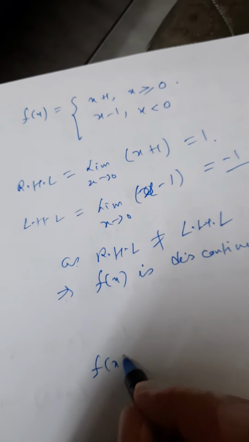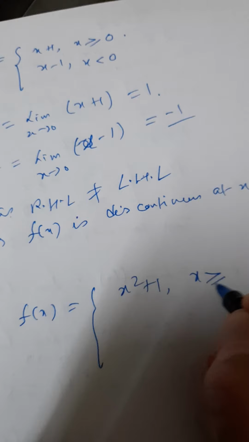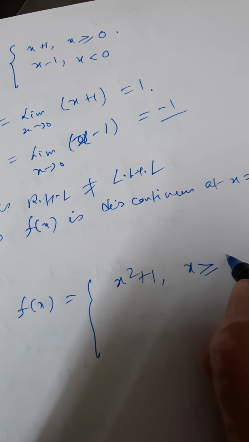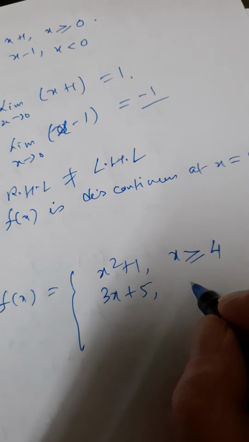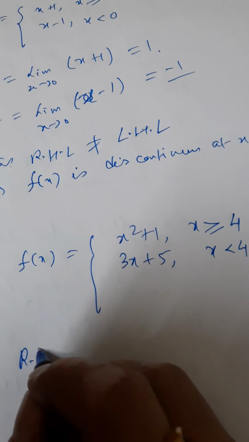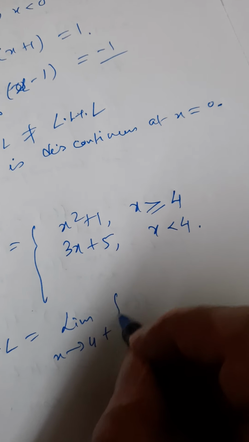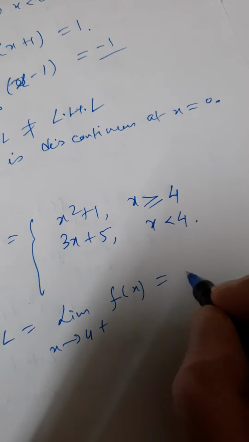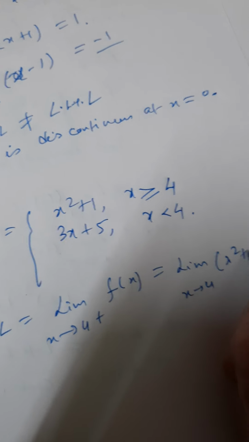Likewise, if you have function f(x), say x square plus 1 if x is greater than or equal to 4, and 3x plus 5 if x is less than 4. Now you will see here the right hand limit is limit x tends to 4 plus f(x). This is limit x tends to 4 of x square plus 1, that's 17.